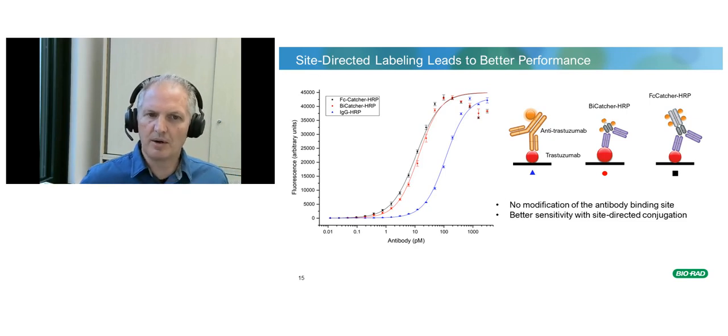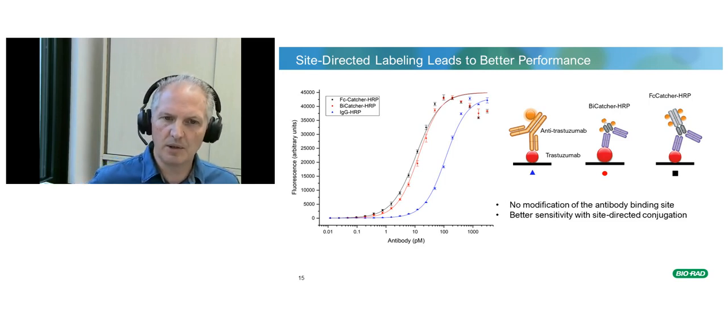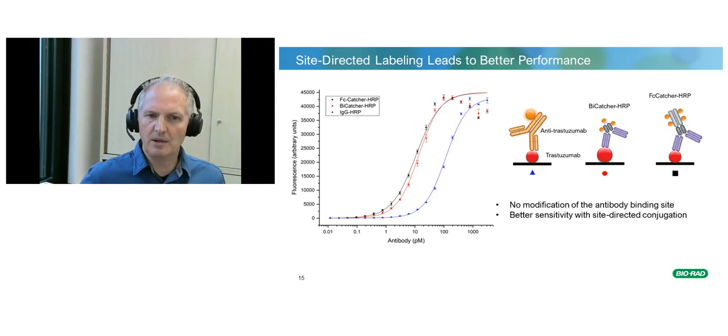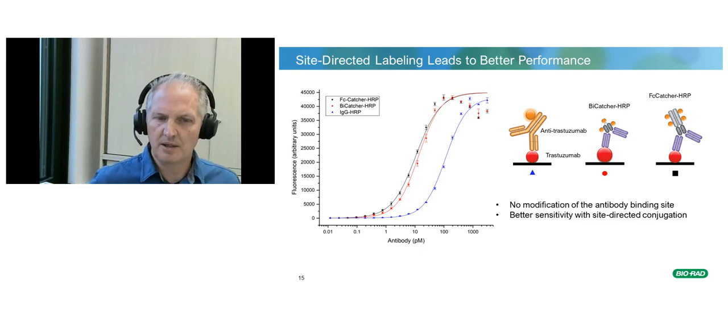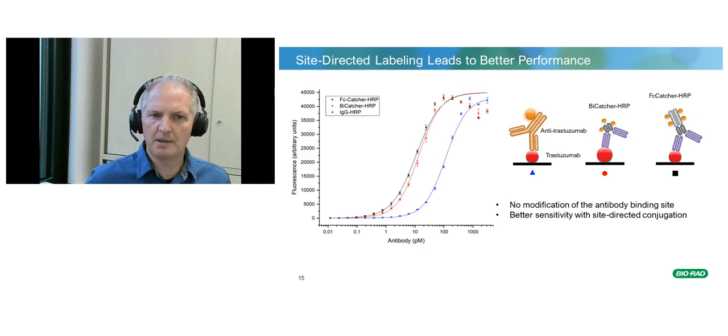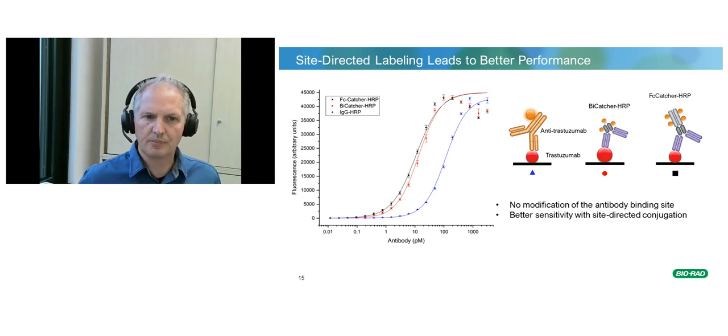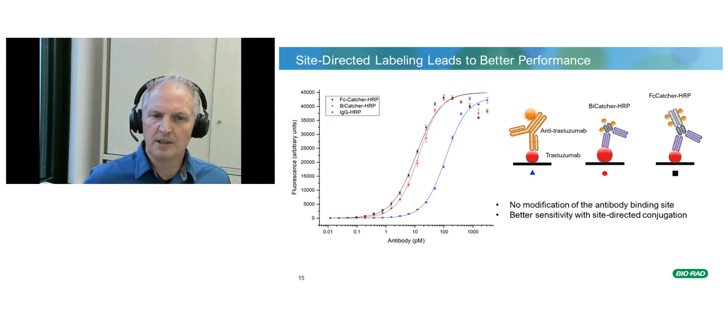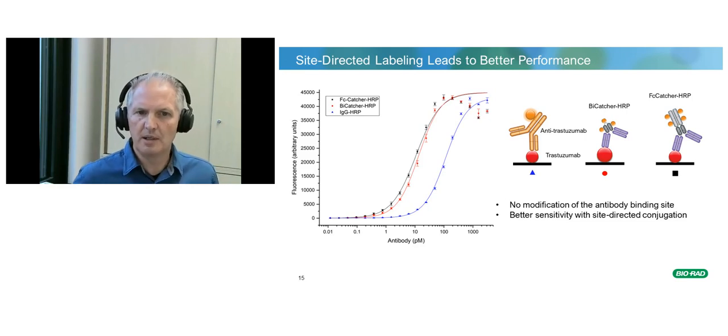So we believe that's because the picture here of the IgG with one HRP attached to it is not really representing the real world. With the random conjugation, you have some HRP sitting at the antibody binding site, then you basically have only a monovalent antibody left. And if both binding sites are conjugated, then you actually have a non-functional antibody. There are some antibodies which don't carry an HRP at all. There are some which have only one HRP, giving only a weak signal.